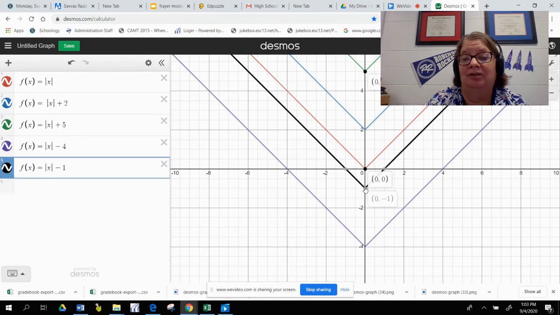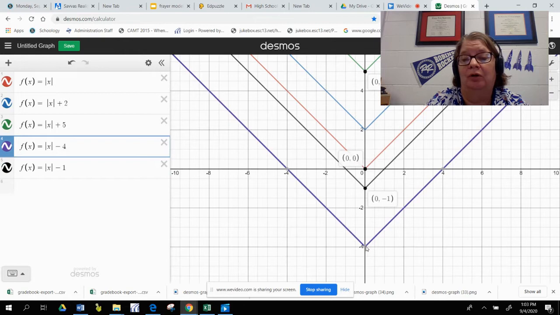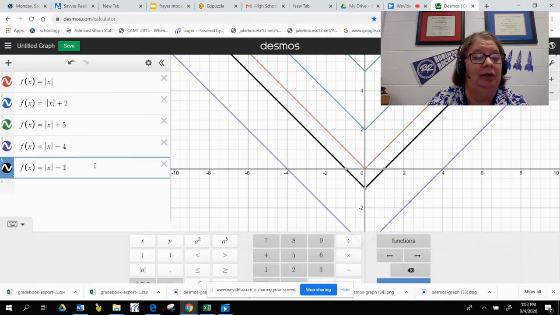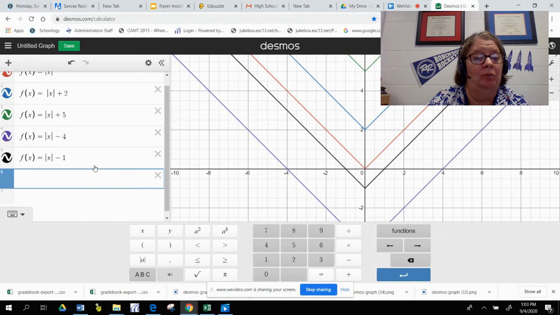And then we did a minus 1 and a minus 4. Okay, so stop here and tell me what happens if you add a number outside the absolute value, and then tell me what happens if you subtract a number outside the absolute value.